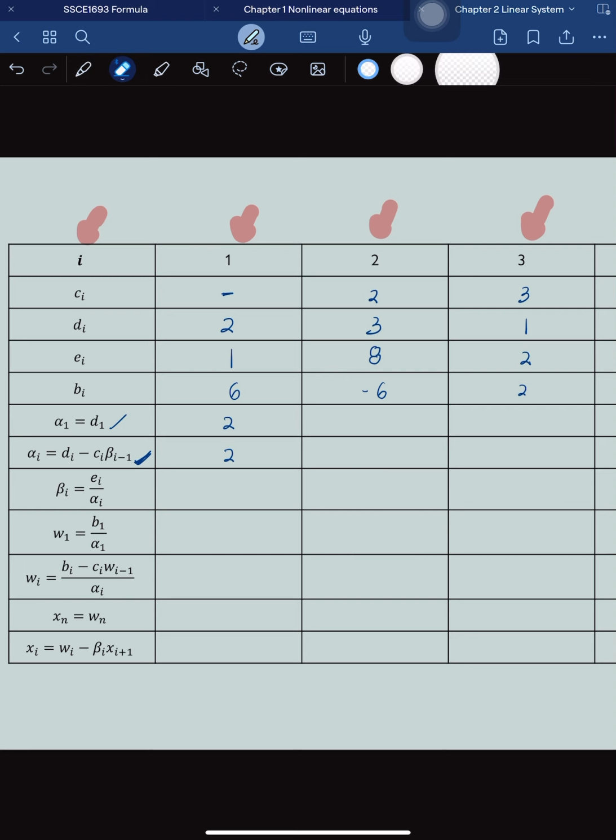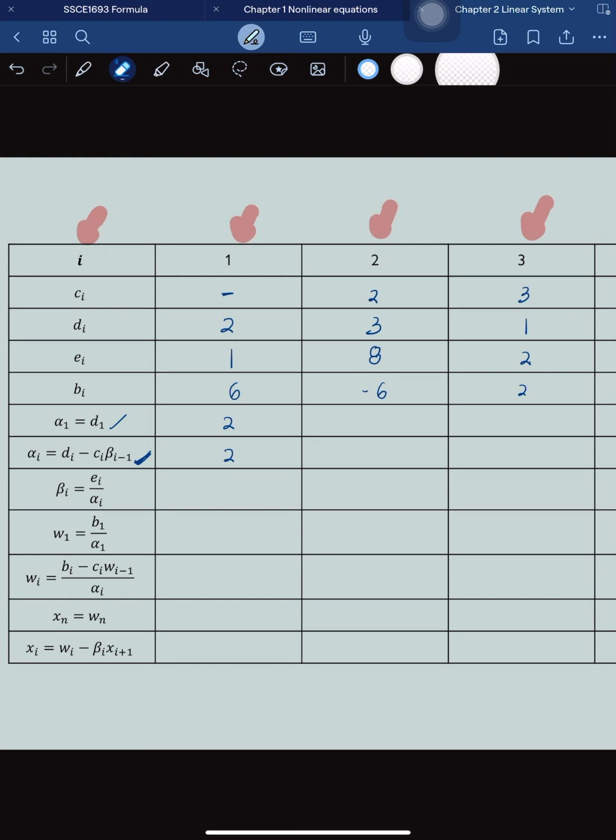So alpha 2 is D2, which is 3, minus C2, 2, multiplied by beta 1.